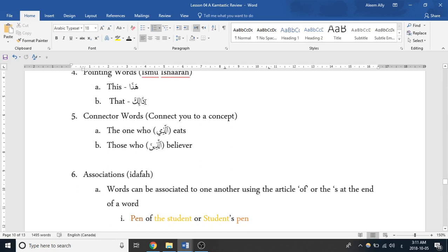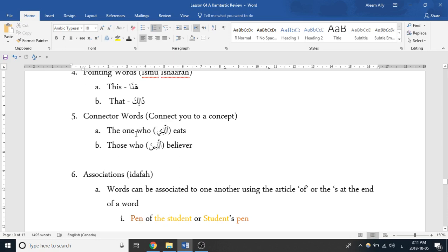It's indicating something. So number 5 is connecting words, or connector words, and essentially these words act as a means of connecting you to a concept. Usually, when you're translating them from Arabic into English, they're words such as who or which. So an example would be the one who eats, and in Arabic it would be alladhi. This who would be alladhi, right?